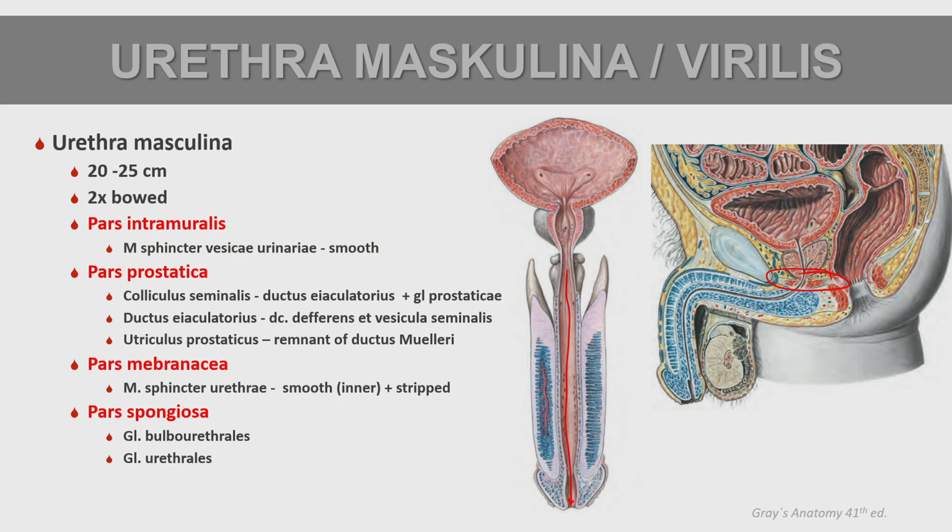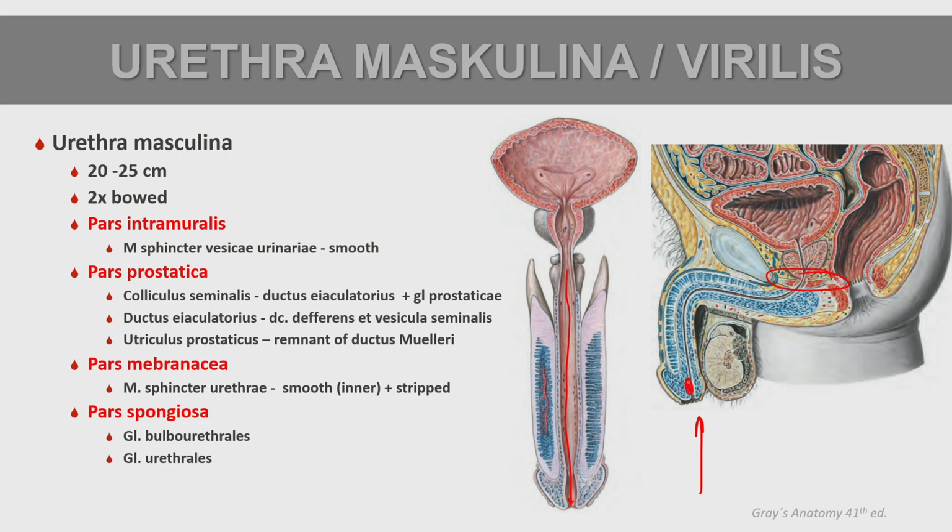For us, it's very important that we have some important danger points where, when you insert a urinary tube to catheterize the urinary bladder, a very common medical procedure to protect urination, to control the outflow of urine.